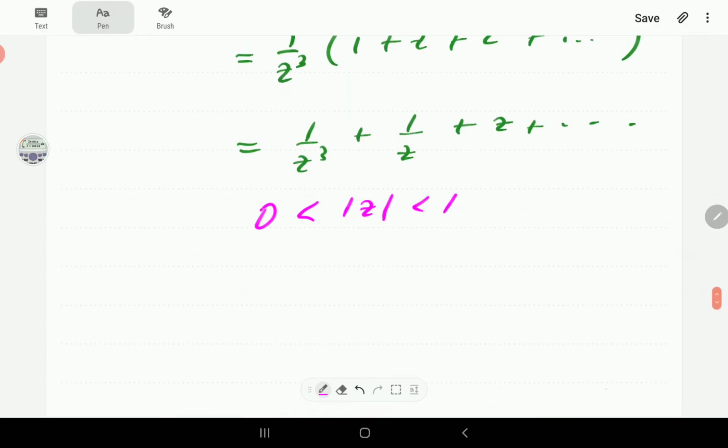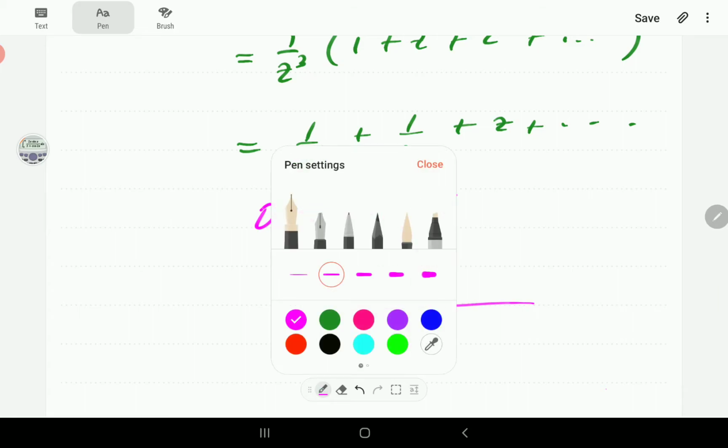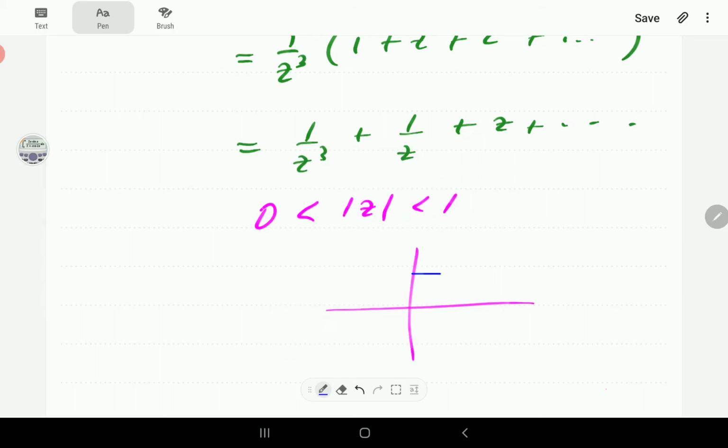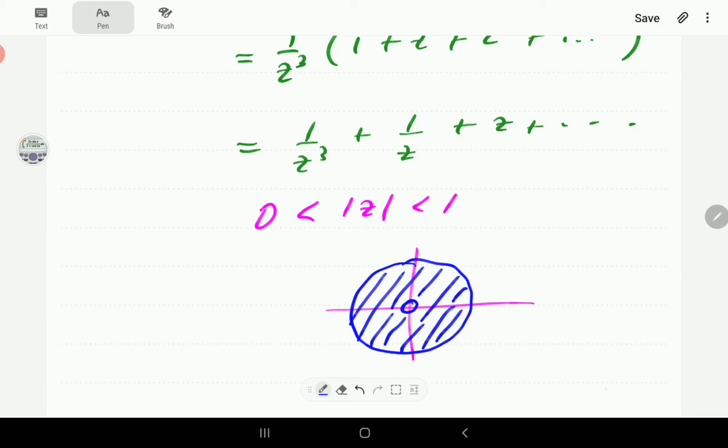So that's going to be the region of convergence. It's actually going to look something like this. It's a disk of radius 1, but the center is excluded. So this is a so-called punctured disk. The series is going to be convergent in this punctured disk here.